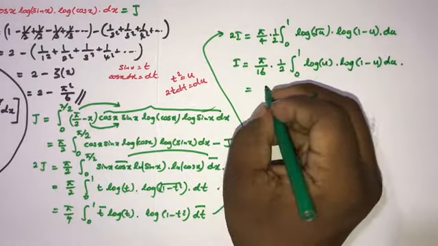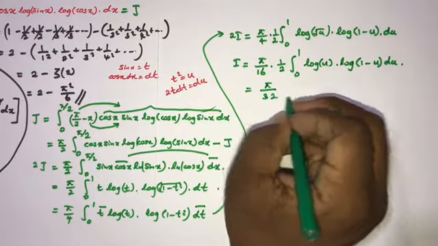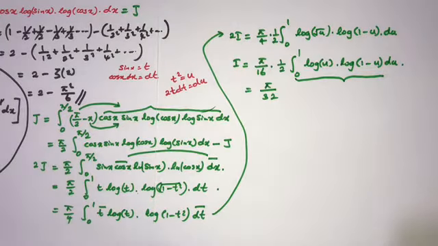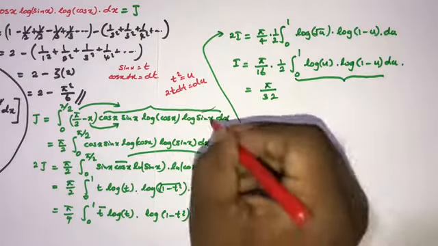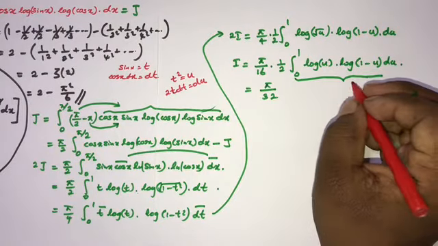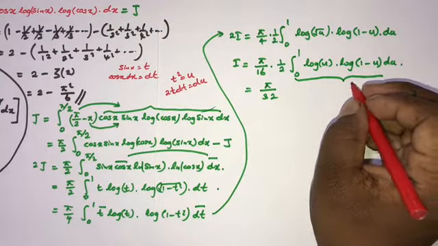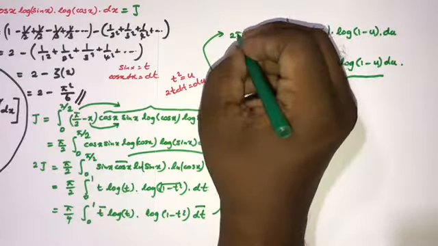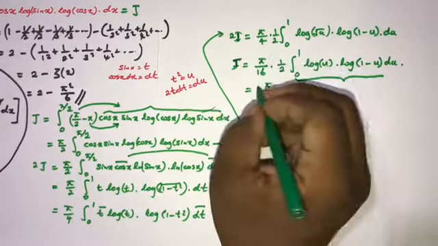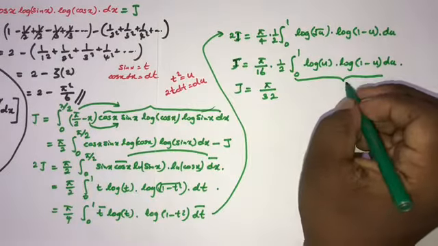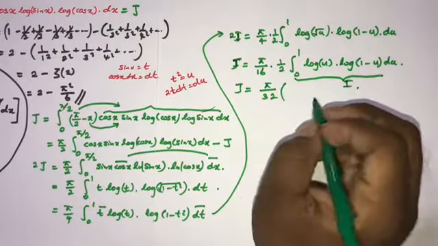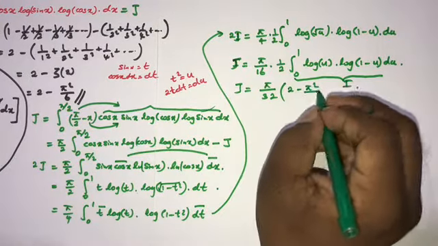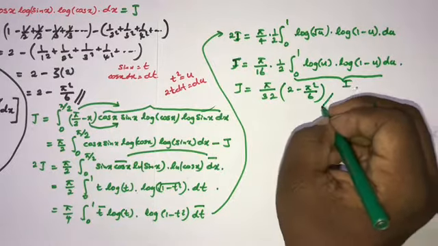Well, then here π over 32, and this integral is familiar to us because this is our today's video question number 1. Sorry, this integral we called I. So here J, here also J, and here also J, and this integral we know is I, and we know the value of I is 2 minus π squared over 6. Okay, this is the answer for the second integral.